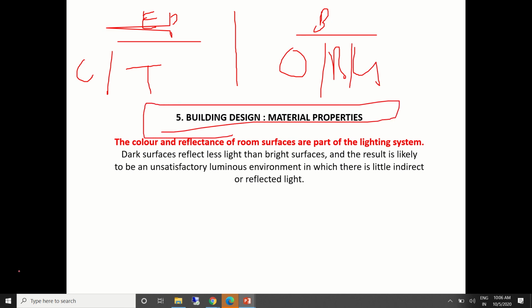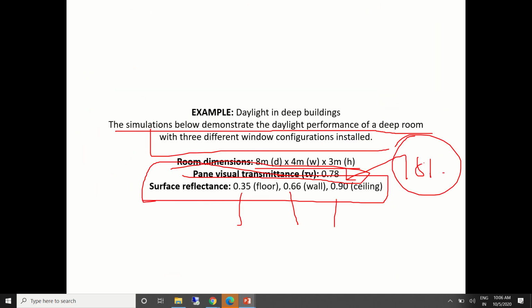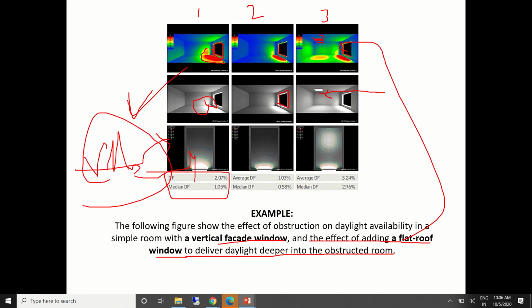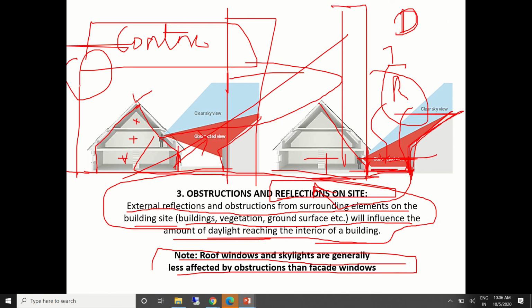So material is also an important parameter. In the last obstruction part, I also talked about the other half, that is reflections from the context, and not only context but also from the indoor material choices.